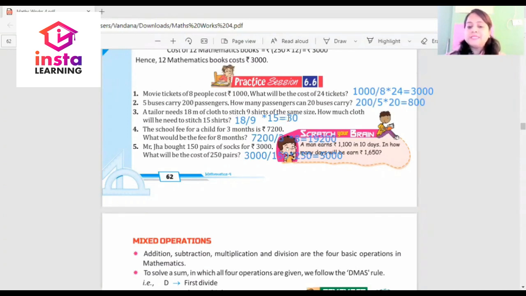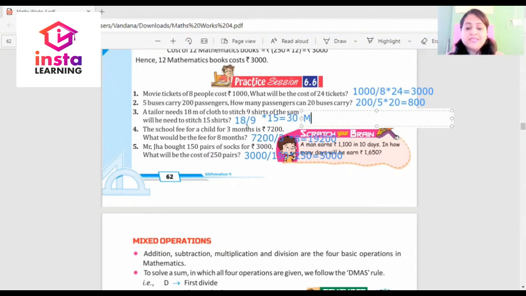You will get the answer 30. It means 30 meters of cloth is needed to stitch 15 shirts. So the answer is 30 meters.